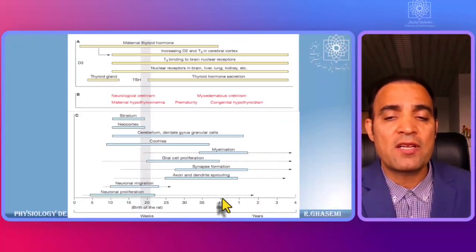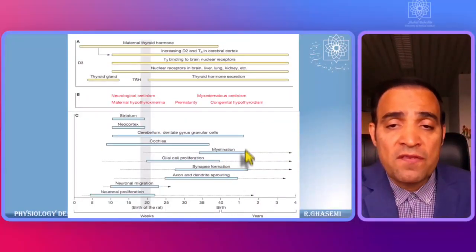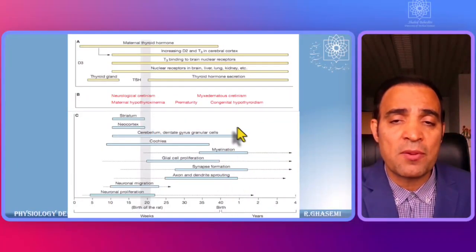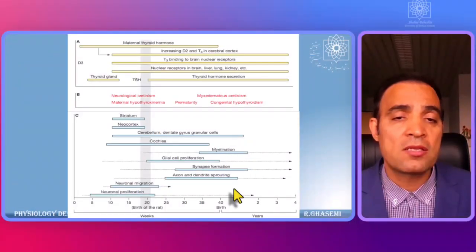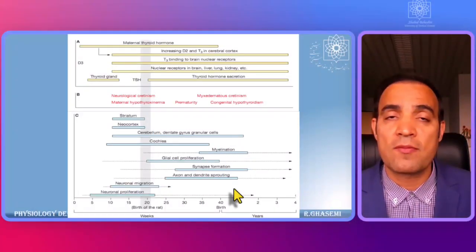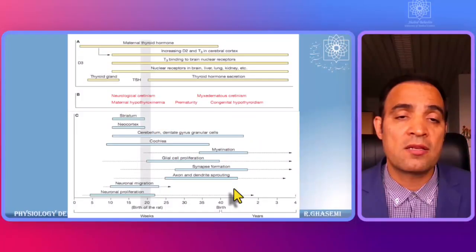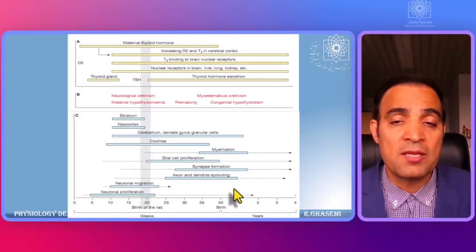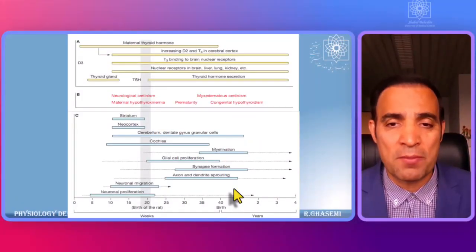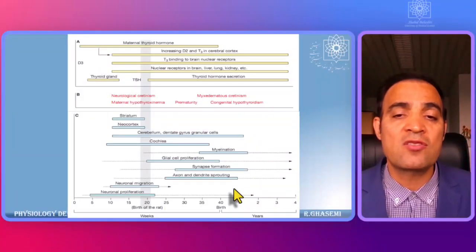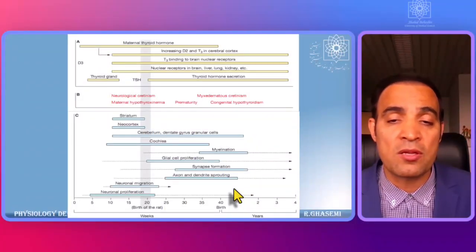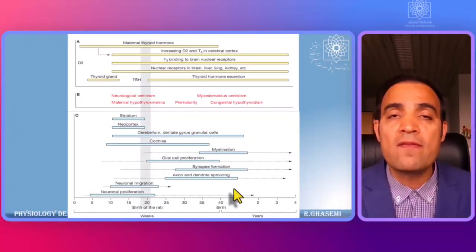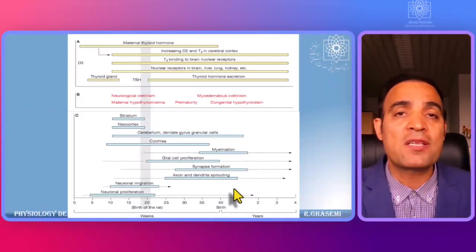You see that after the birth, particularly during the first year, cerebellar maturation is completed, myelination of the neurons is completed, and synapse formation and axon and dendrite formation are all continuous after the birth.